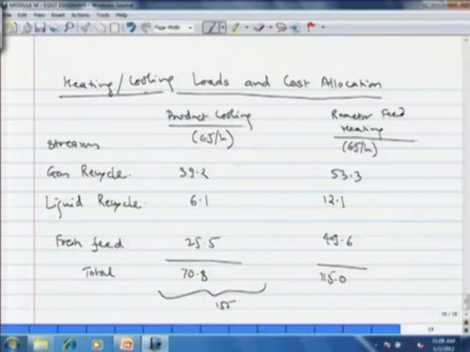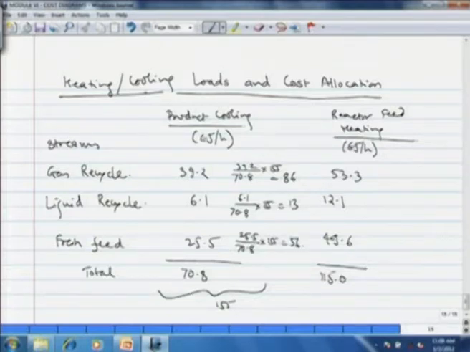So, 39.2 divided by 70.8 into 155 comes out to be 86. 6.1 divided by 70.8 into 155 may come out to be 13, and 25.5 divided by 70.8 into 155 comes out to be 56.